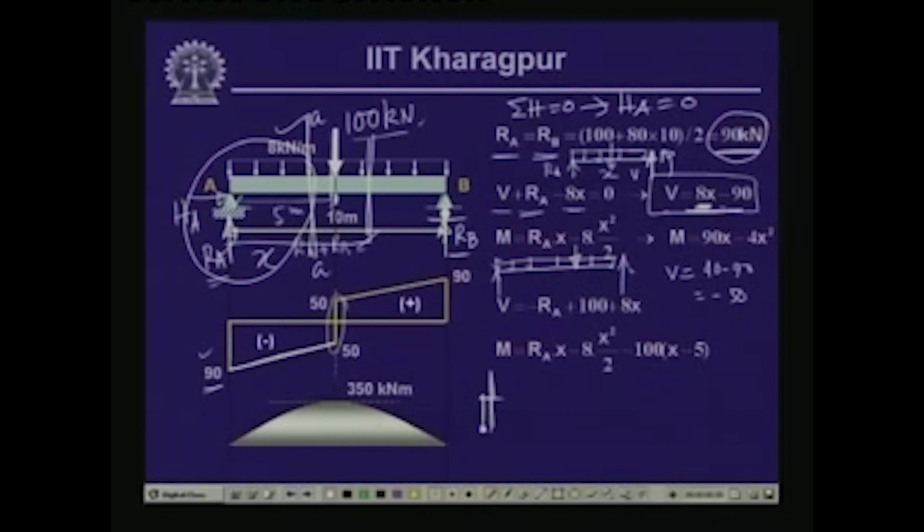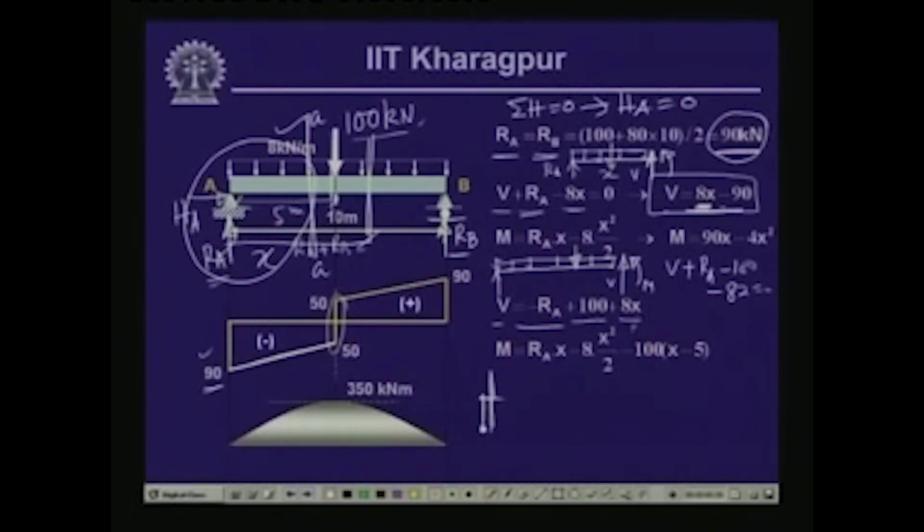And as usual we will have the shear force V and the bending moment M. So, this is V and M. Now, if we compute the value of shear force V, and take the equilibrium of the vertical forces, then V plus RA minus 100 kilonewton minus 8 times x is equal to 0. So, this gives us V equals minus RA plus 100 plus 8x.